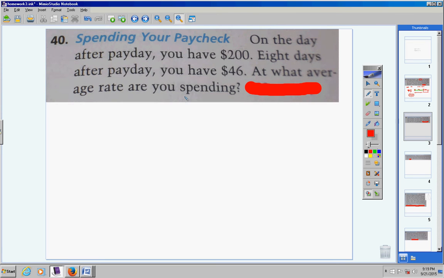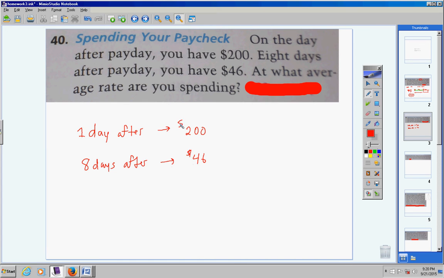Number 40. On the day after payday, you have $200. We're probably going to need to know that, so I'm going to write that down. I'm going to put day after, you have $200, okay? 8 days after payday, you have this much money.